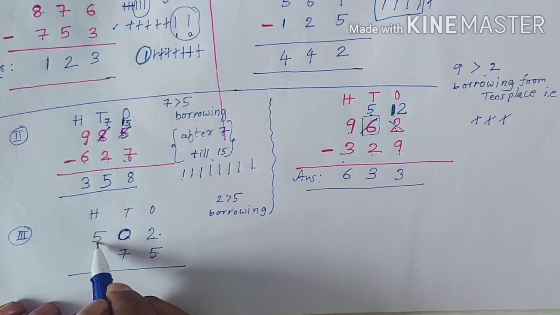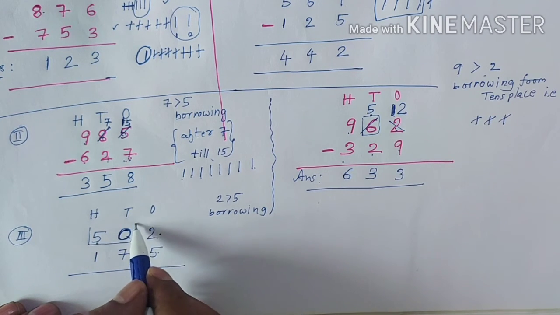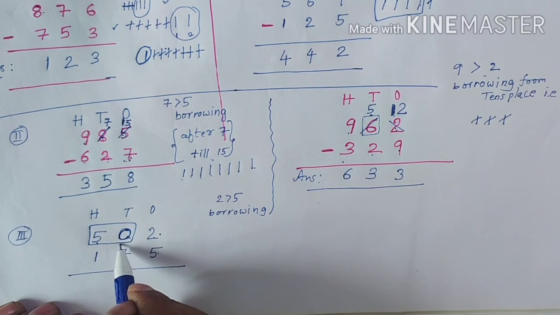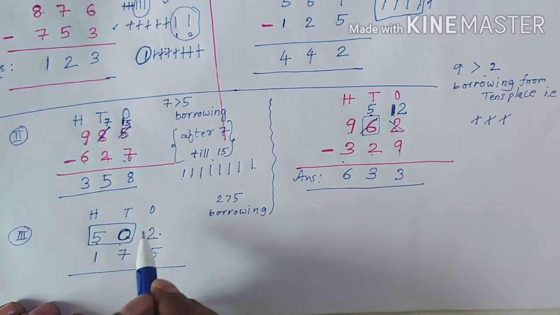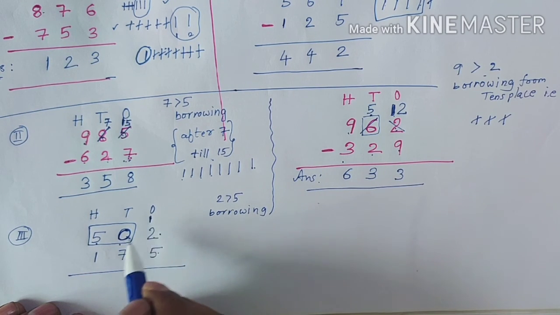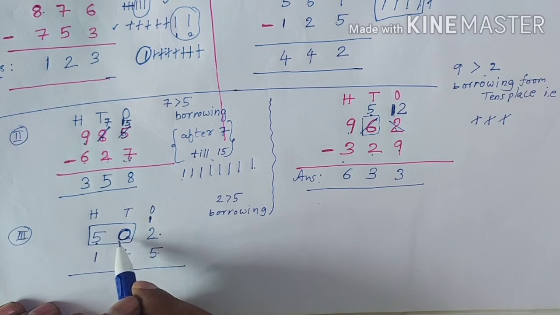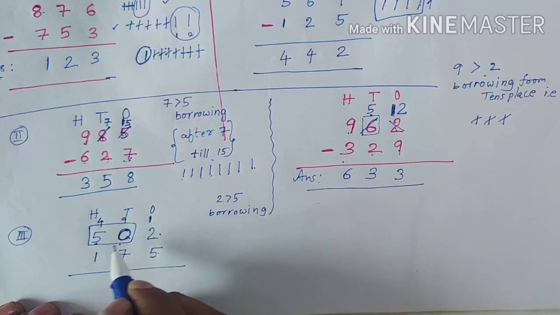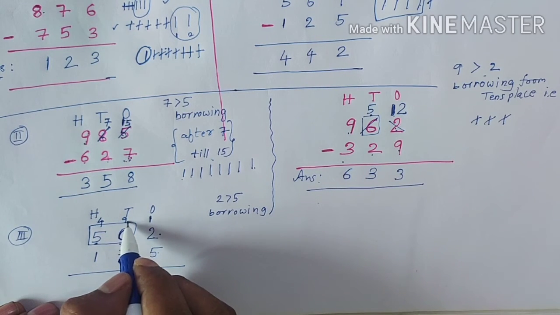What is the number beside it? 5. So that means this number is 50. That means you have to borrow from 50. So how much do you have to borrow? You have to borrow 1. So you have taken 1 from 50. When you remove 1 from 50, you will get 49. So 50 became 49.